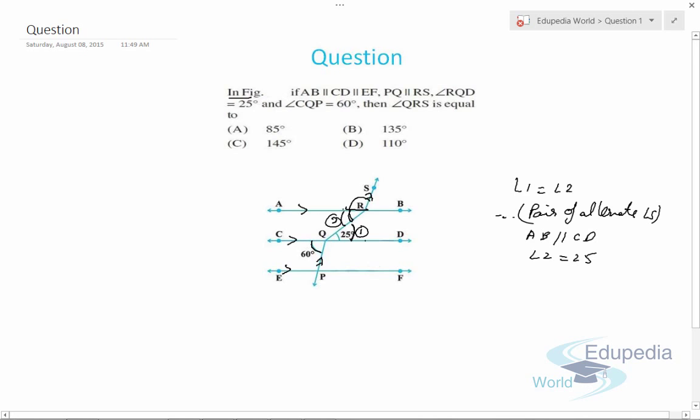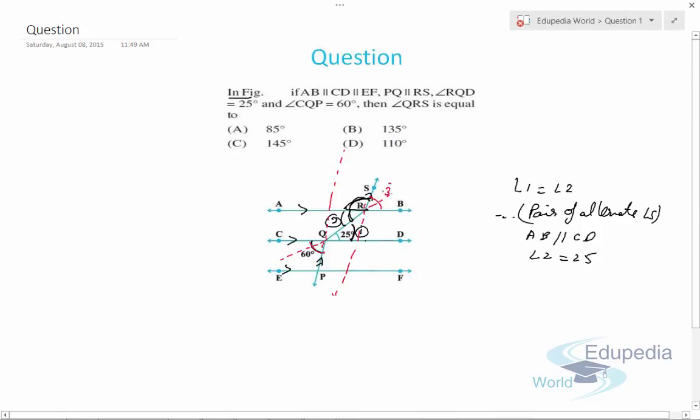Now we need to find this part of angle QRS. If we extend these parallel lines, this makes a transversal. So we can clearly see that this angle is equal to this angle.